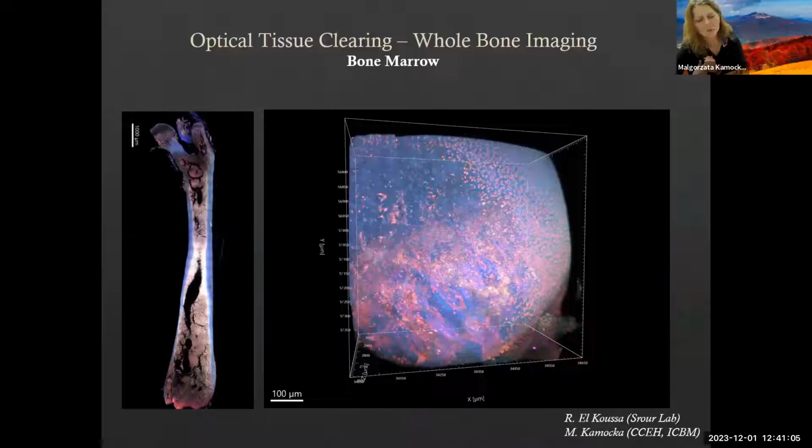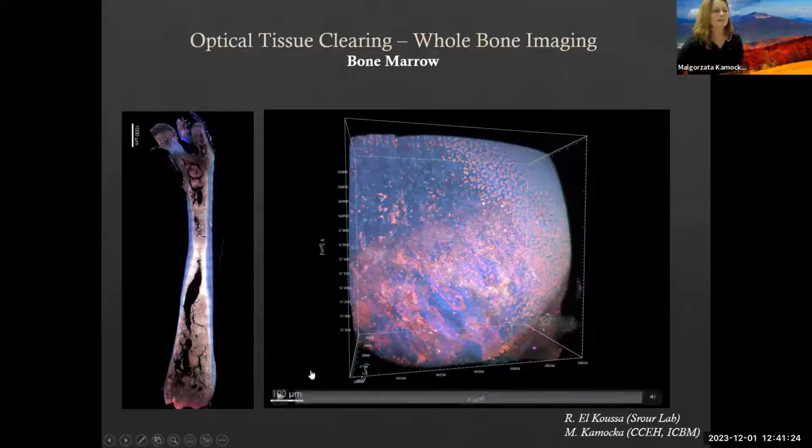I have to say that the bone marrow is very difficult to image. It has such strong endogenous autofluorescence. So on top of being positioned within the bone, which is difficult to image through, it also is difficult to image by itself.